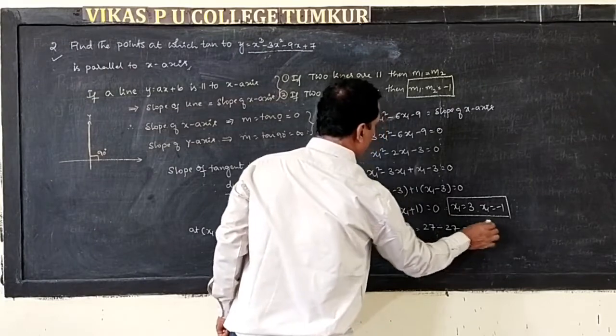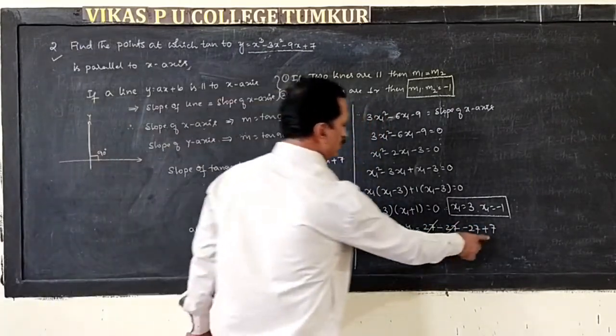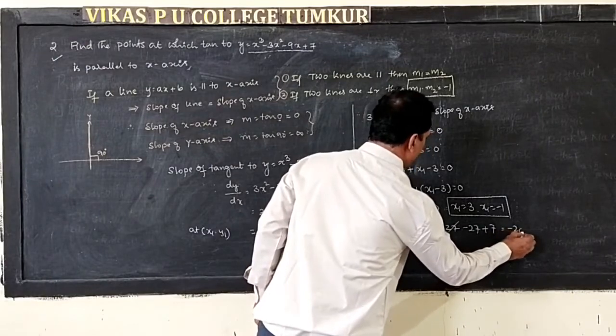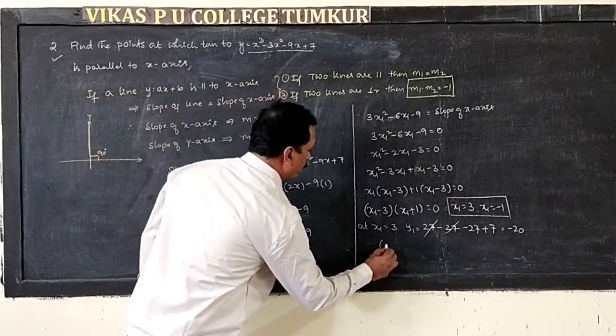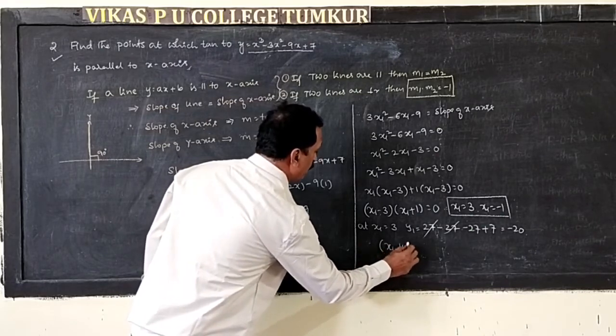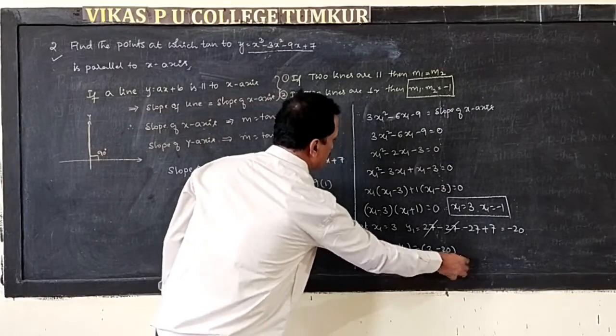Correct or not? So 27 cancels out, minus 27 plus 7 is minus 20. So what will be your first point? Therefore, the point x1 comma y1 is 3 comma minus 20, the first point.